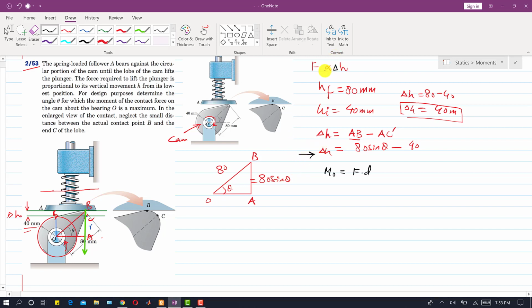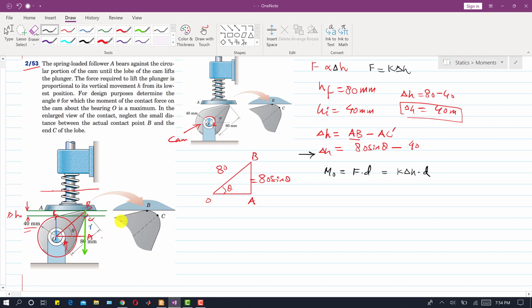So this force will be directly proportional to delta h. If we put a proportionality constant, then force will be equal to k delta h. So I can write it here as well: k delta h into d.